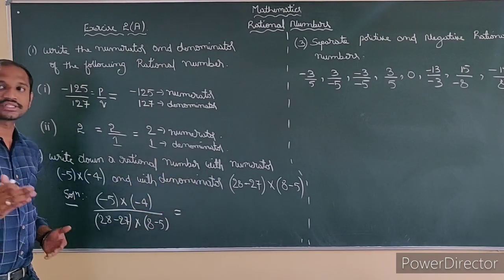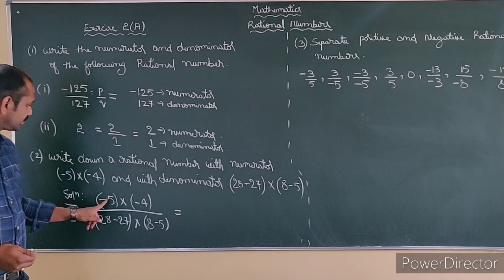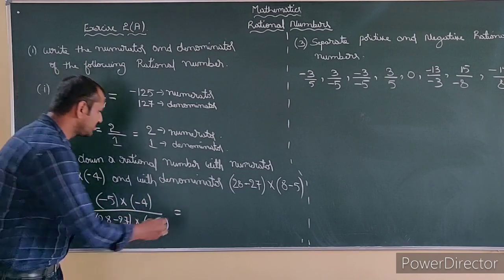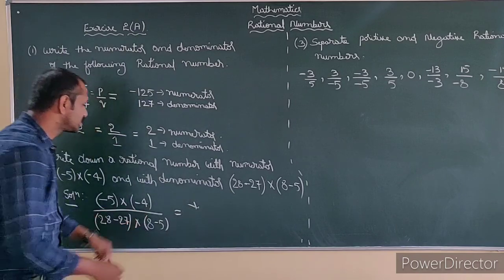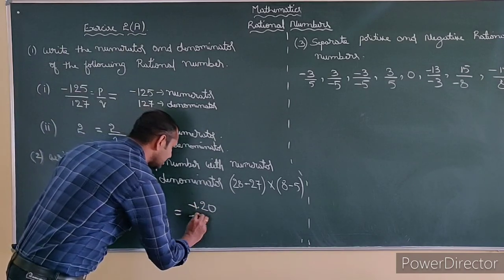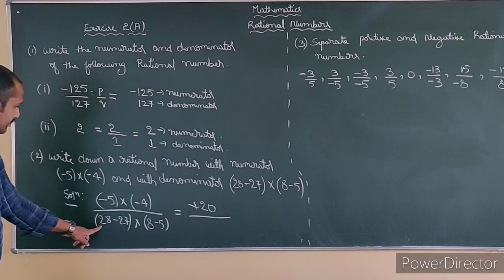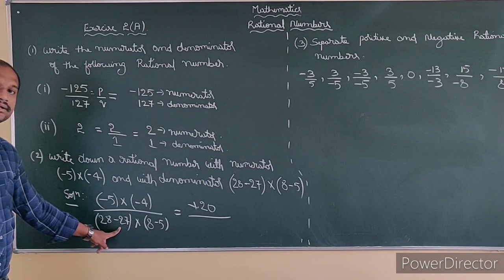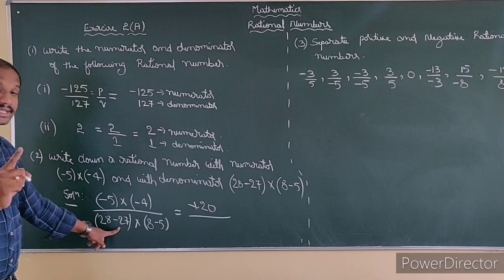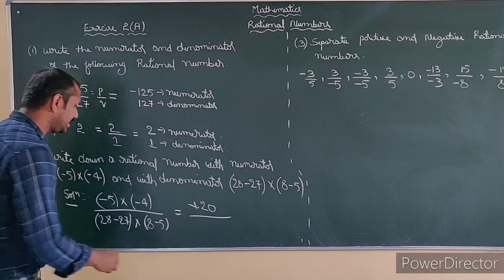Let us find out. For this, we need to use the knowledge of integers. Minus into minus will give me plus. 5 fours are 20. So in the denominator I have 28 minus 27 is 1, plus, since 28 is a greater number.